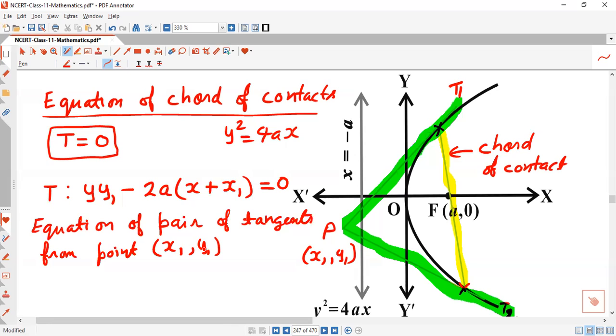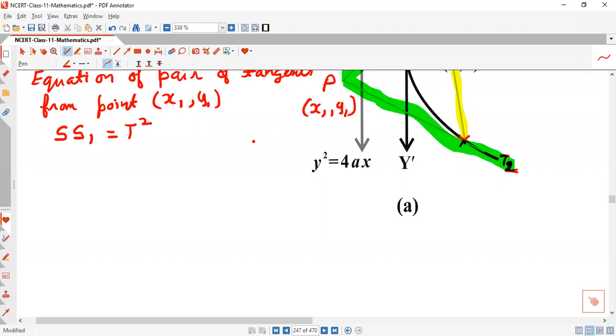We have the same formulas: the pair of tangents is S S1 equal to T square. So what is the value of S1? This is the formula we use for all the cases.